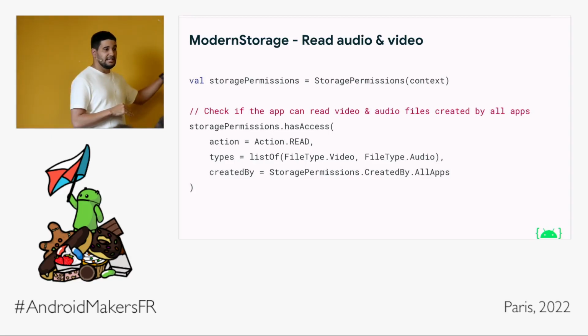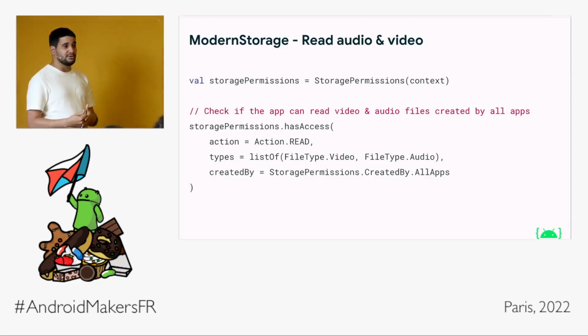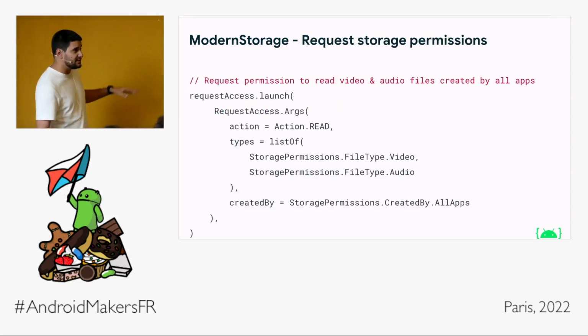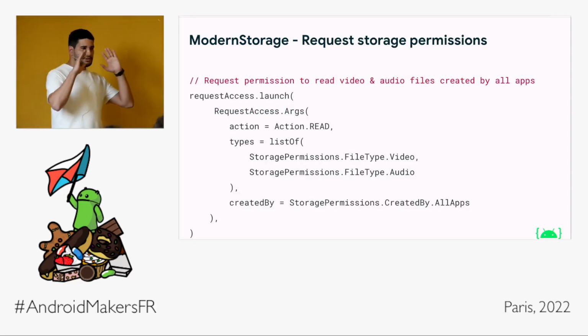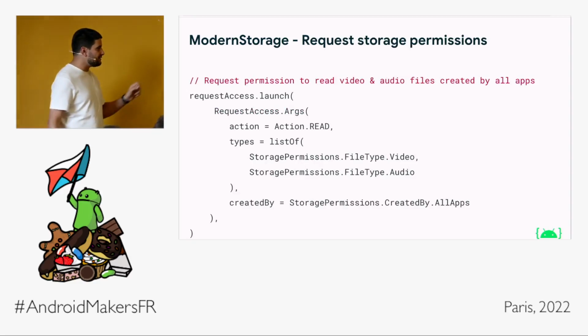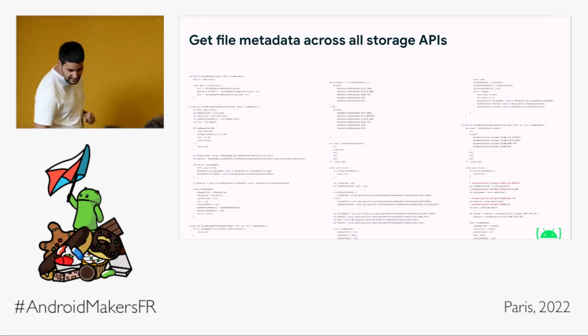And again, in Android 10, for example, for your own files where you don't need any permission, it will just return true by default. So you don't have to request any permissions. It's the same when you want to request permission: don't think too much about requesting this one or that one. We just handle everything for you in the same way.